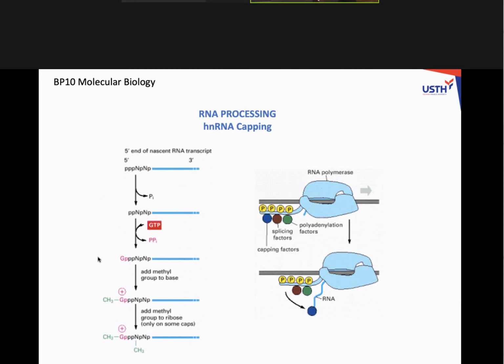So what I wanted to show you is not to talk to you directly about the cap, because the cap is just a chemical modification at the 5' end of the messenger, but what's happening in the context of the RNA polymerase complex. Here in this drawing, in gray is the genomic DNA, in blue is the polymerase. You see the C-terminal domain of the polymerase, and you see it's phosphorylated.